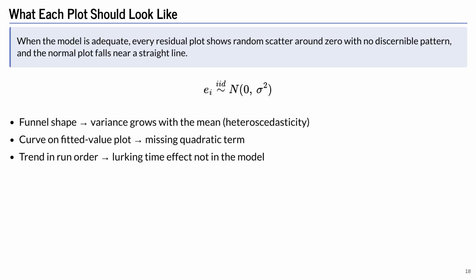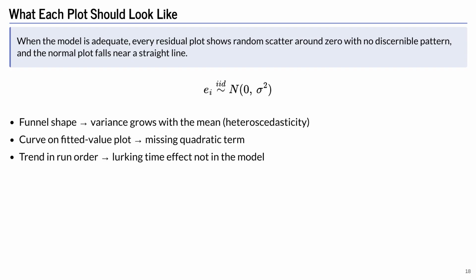Let me be precise about what each plot should look like when the model is adequate. In every case, the answer is the same: random scatter around 0 with no discernible pattern. A funnel shape in the fitted value plot, where the spread of residuals increases as the fitted value increases, is the signature of heteroscedasticity.